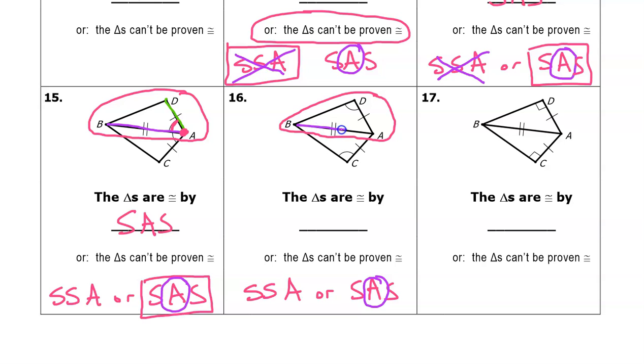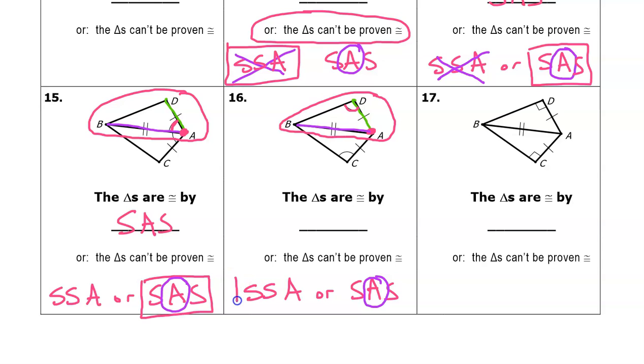Well, here's one side that's marked congruent. Here's the other side that's marked congruent. Here's where they meet. Is this the angle that is marked congruent? No. The angle that's marked congruent is way over here. This angle is not between the two sides.